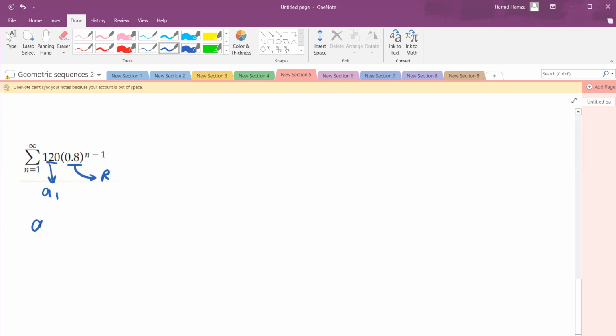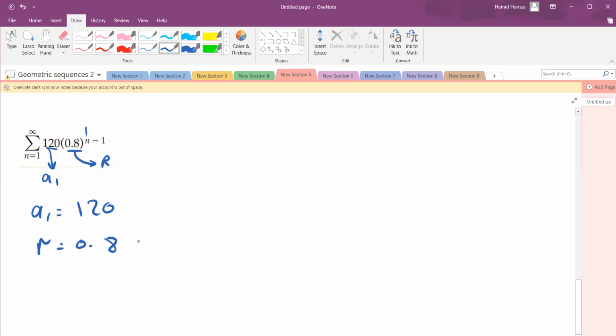That means A1 equals 120. Also, if you substitute n equals 1 here, 1 minus 1 is 0, 0.8 to the power 0 is 1, and 1 multiplied by 120 is 120. And R, the common ratio, is 0.8.